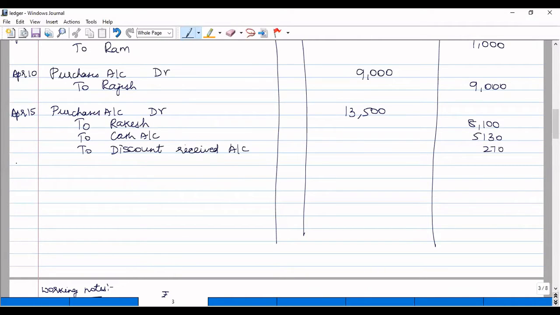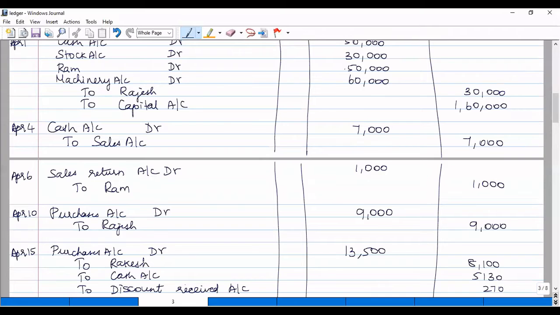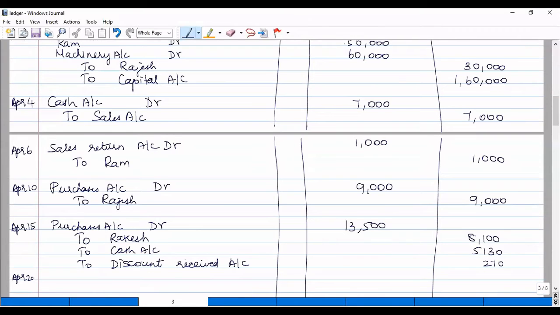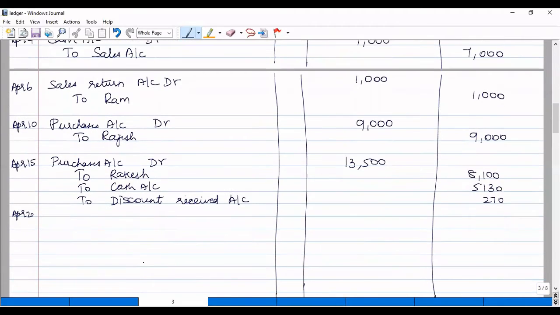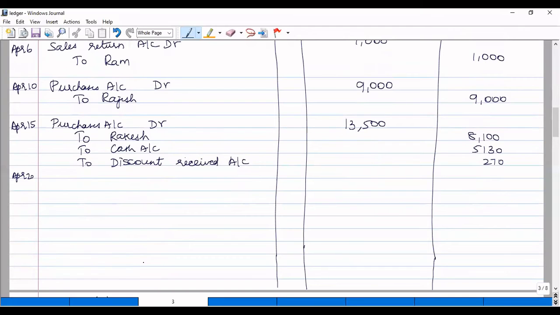Right, next is on April 20th paid to Rajesh in settlement of his account. So how much is the total amount we owe to Rajesh? In the opening entry, we had an account for Rajesh with 30,000, isn't it? So that 30,000 plus we have a purchase made on April 10th for 9,000 rupees. So totally 39,000 we are supposed to pay Rajesh, out of which we have paid 38,600 on settlement. Okay, so liability decrease has to be debited.